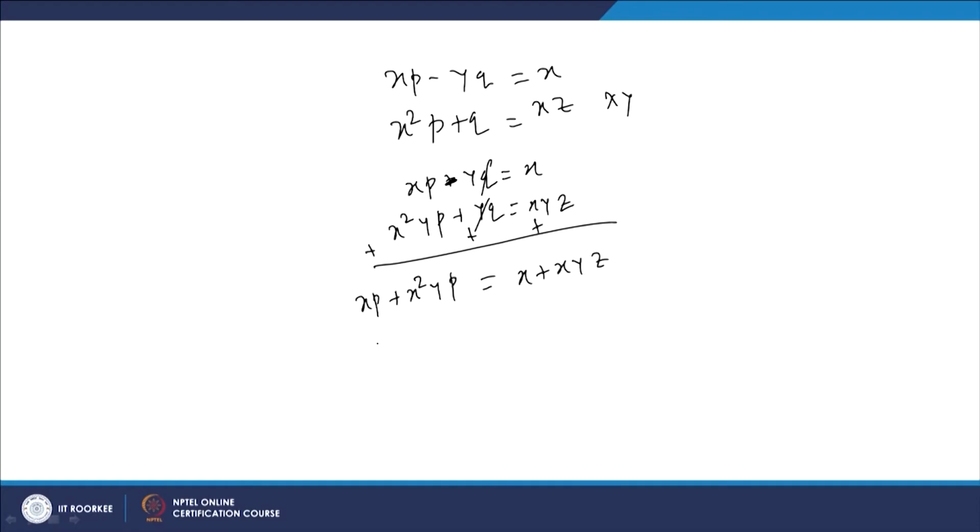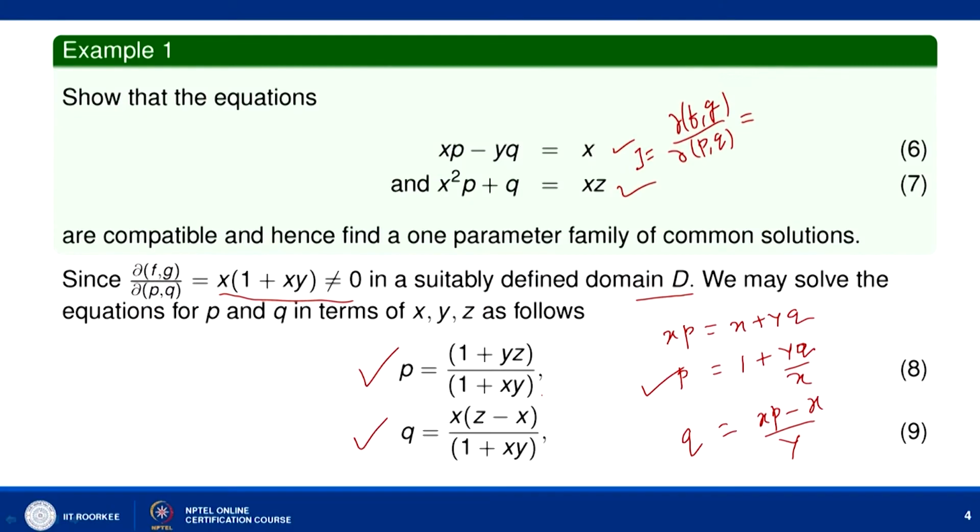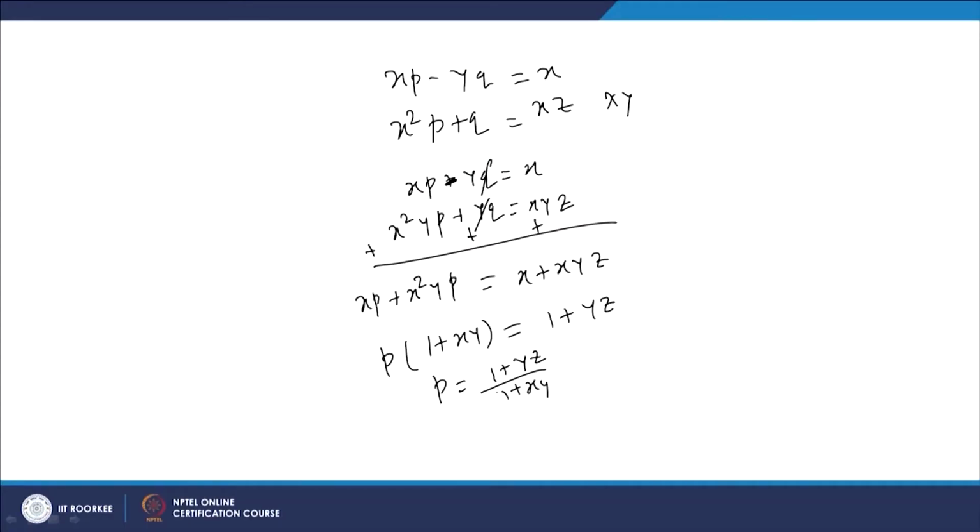We can take x common here, so we have p(1 plus xy) equal to 1 plus yz. So we can write p as (1 plus yz) upon (1 plus xy), which is what we have written here. Once we have p, we can find q like this: x(1 plus yz) divided by (1 plus xy) minus yq equal to x.